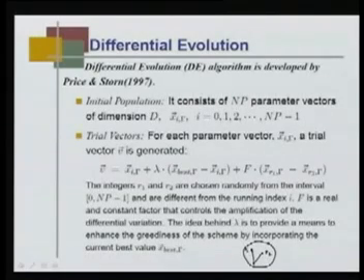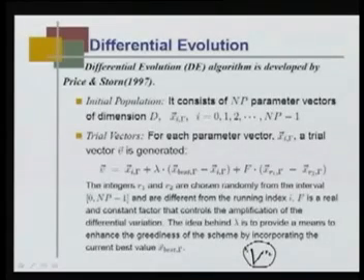I am subtracting this vector, the r2 vector, from r1 and multiplying this with a real constant F, and then I am adding this difference to the original target vector to create a trial vector. And this is the second term that is being added.